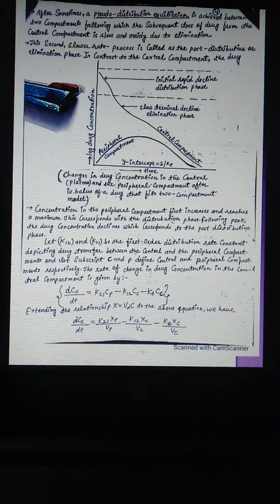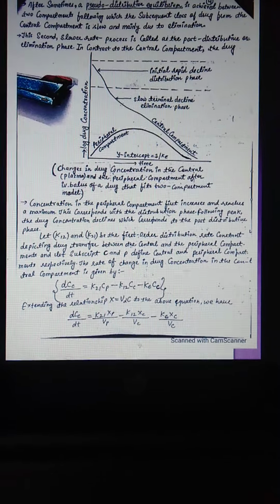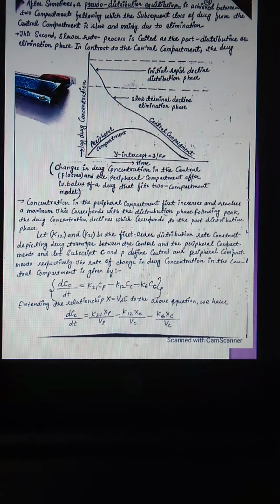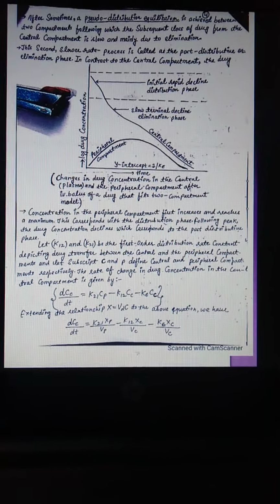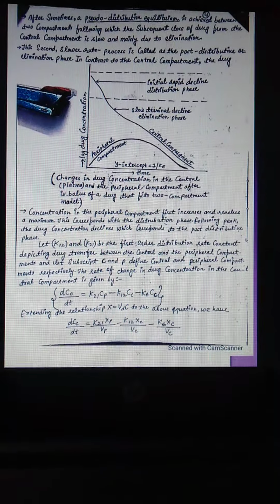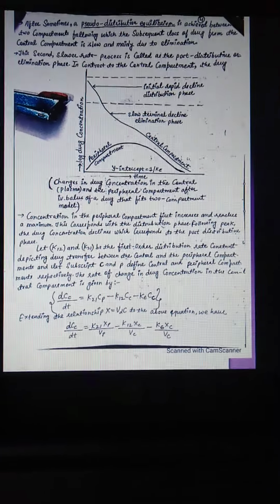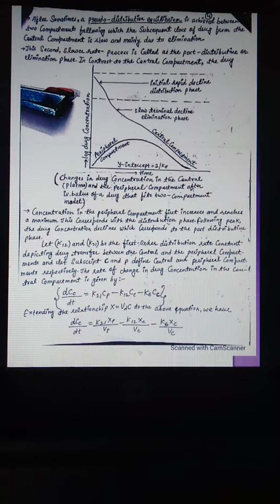This is the plot, and here is the equation where K12 and K21 are the first order distribution rate constants depicting drug transfer between the central and peripheral compartments, and the subscripts C and P define the central and peripheral compartments respectively.